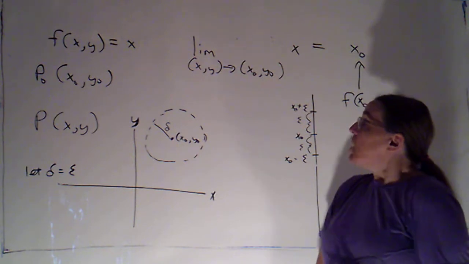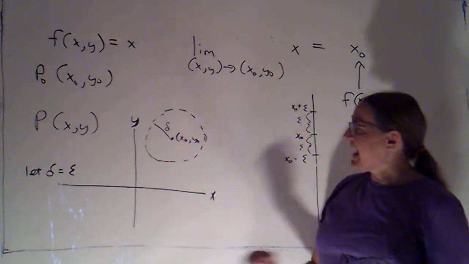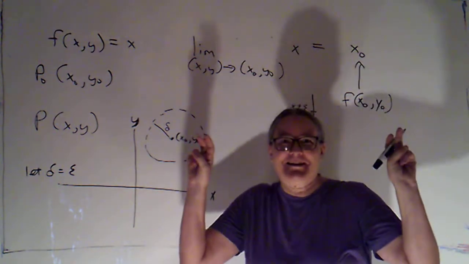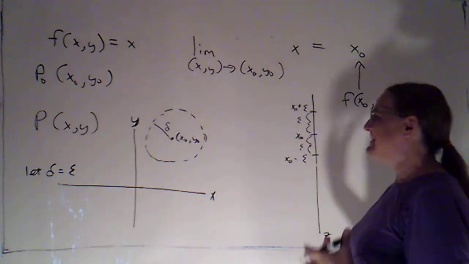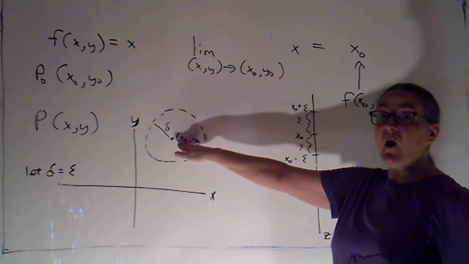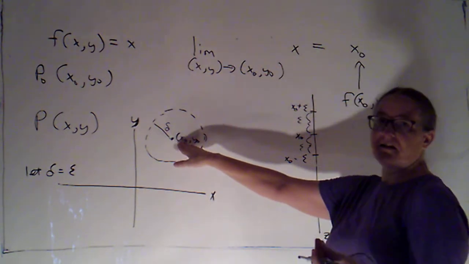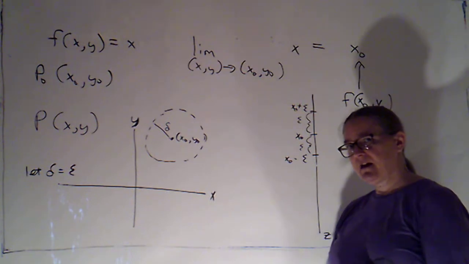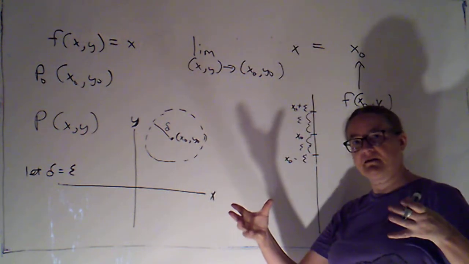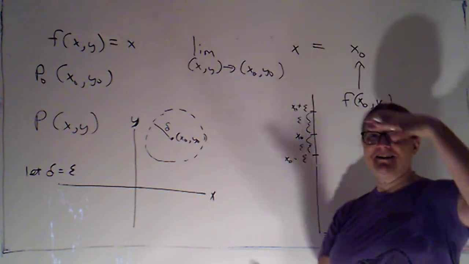Okay, so I like to call this my disk of closeness. Everything that's within that disk, its distance to P naught is smaller than delta. Okay, if we were in free space, instead of having a disk of closeness, I would have a sphere of closeness.